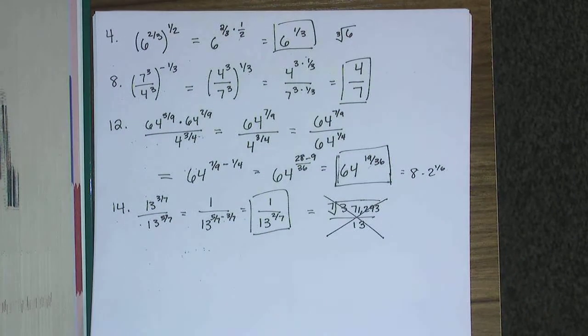So as long as you're using the properties of exponents that you're given, then you are good to go. And these shouldn't be too bad for you. Just checking an answer here to verify that all of these are the same.